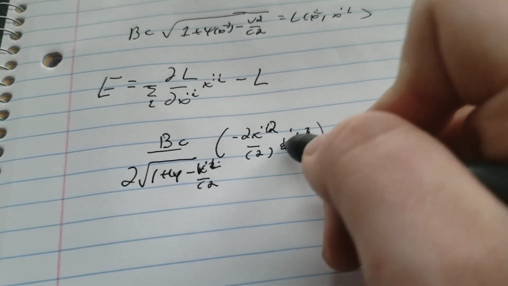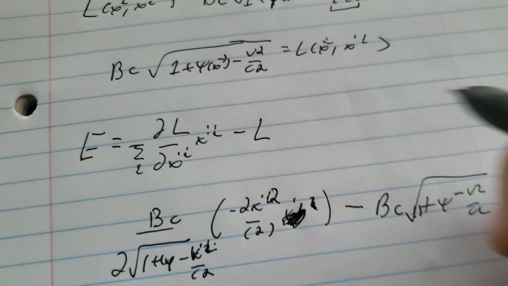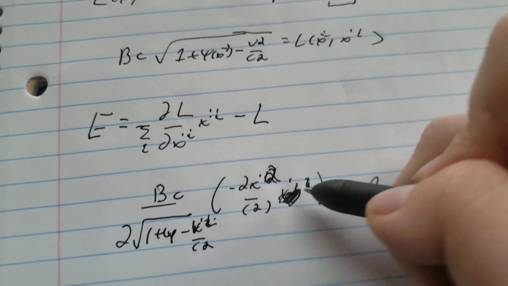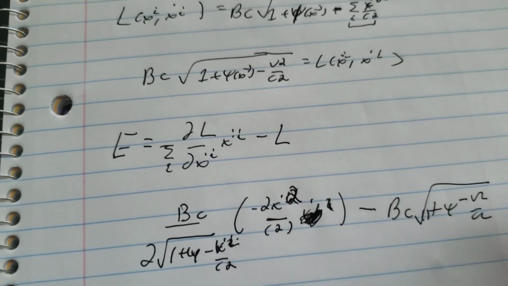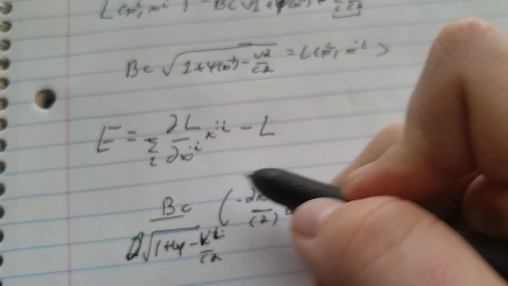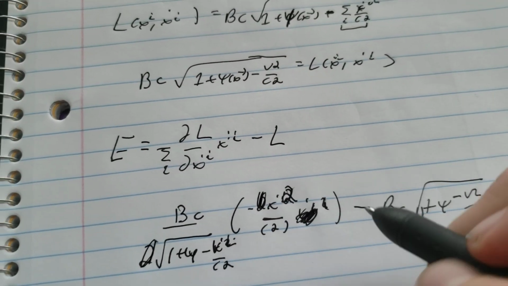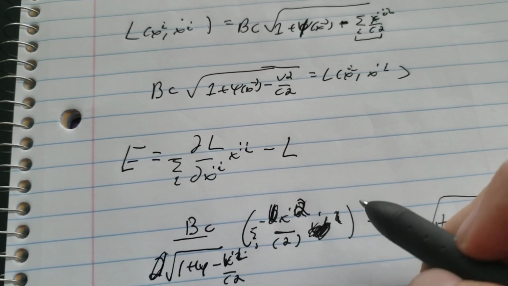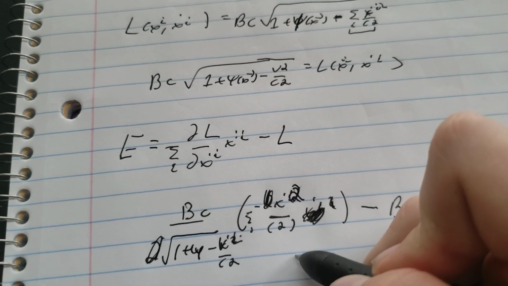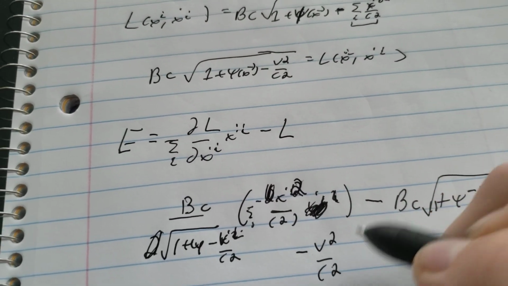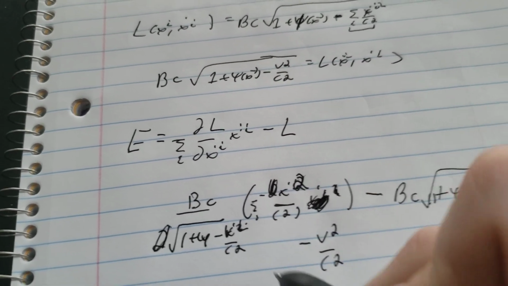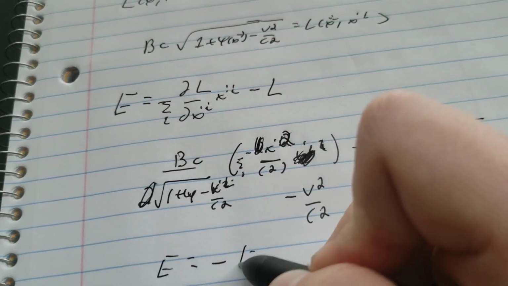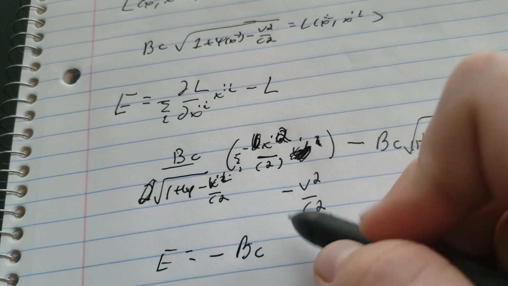That factor of 2 will cancel. And then when you sum over i, that'll just give us our v squared over c squared again. So this is just E equals negative BC.